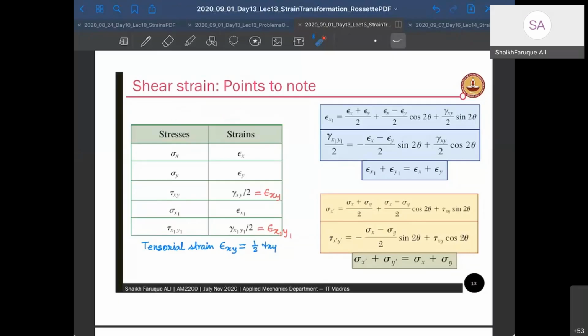How are they related? If you see, epsilon x1 we just formulated is epsilon x plus epsilon y by 2. Why did we not find epsilon y1? Epsilon y1 can be found by substituting theta plus 90 in the epsilon x formula. Remember, we did it for shears also.